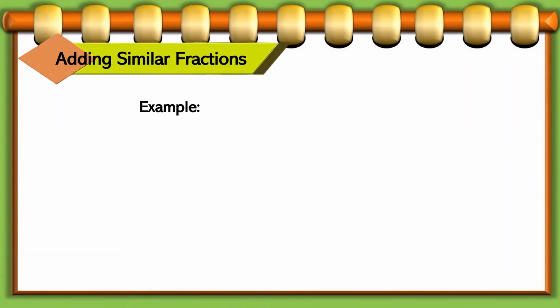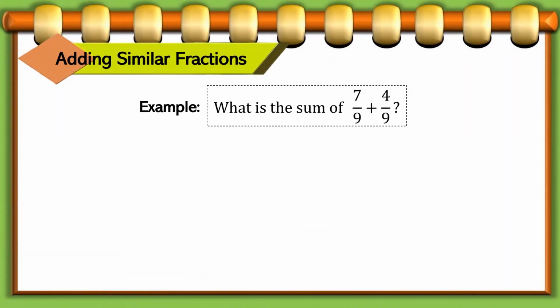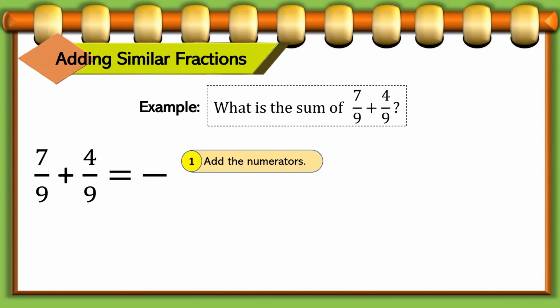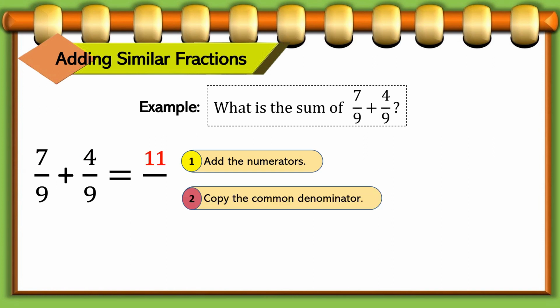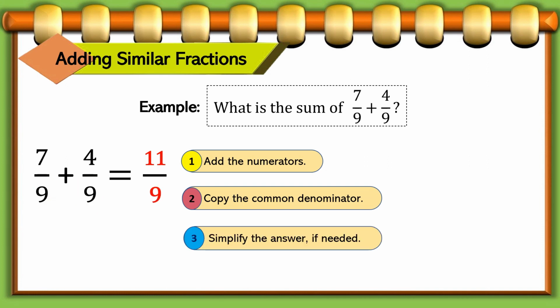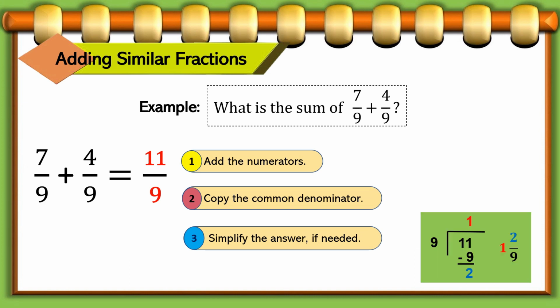Another example, what is the sum of 7/9 plus 4/9? First, add the numerators. 7 plus 4 equals 11. Then, copy the common denominator, 9. After that, simplify the answer if needed. Since the answer is an improper fraction, we are going to change it to a mixed number.